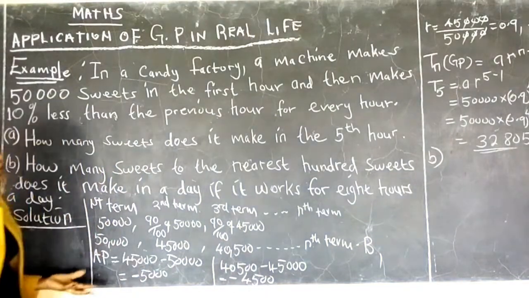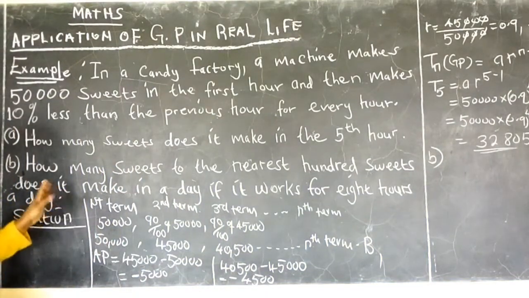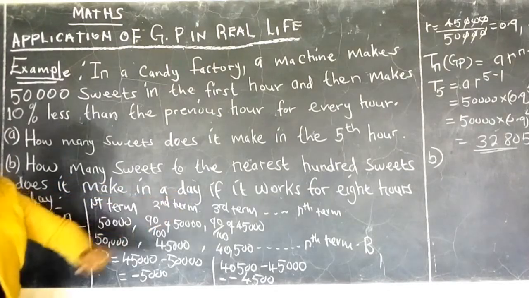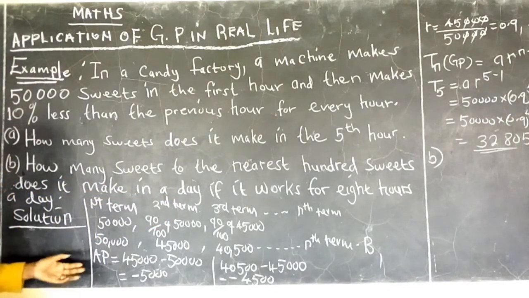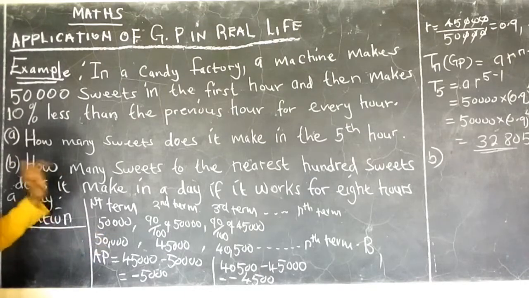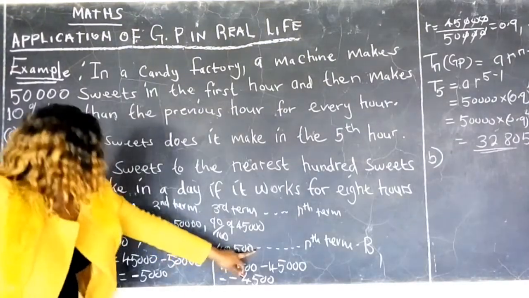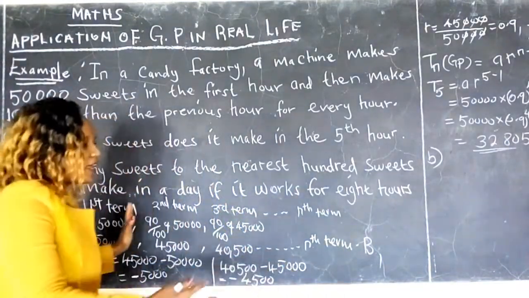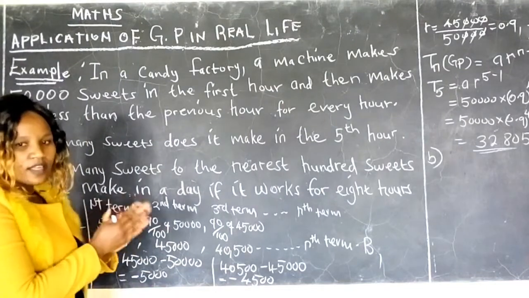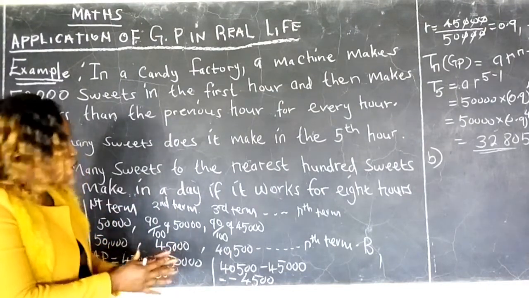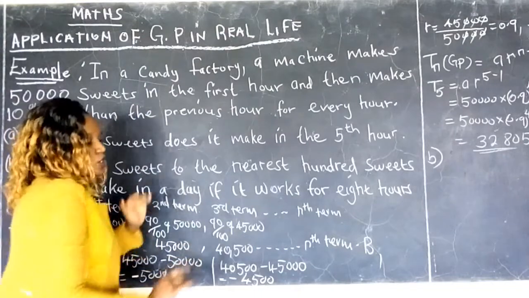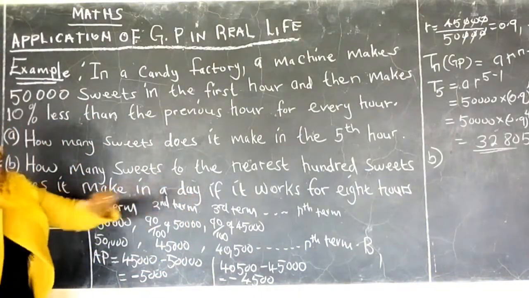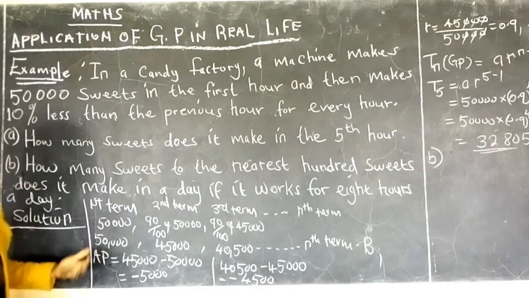40,500. So there are two ways of working out the number of sweets in 8 hours. You can decide to find the 4th term, the 5th term, all the way to the 8th term, and then sum everything to get the number of sweets that the machine will make in 8 hours.